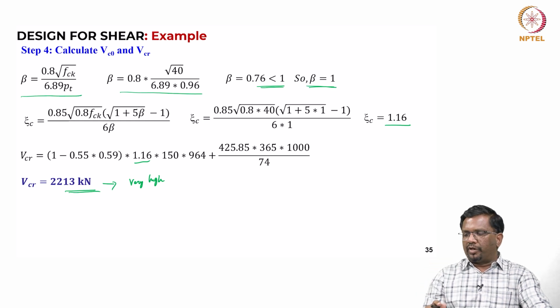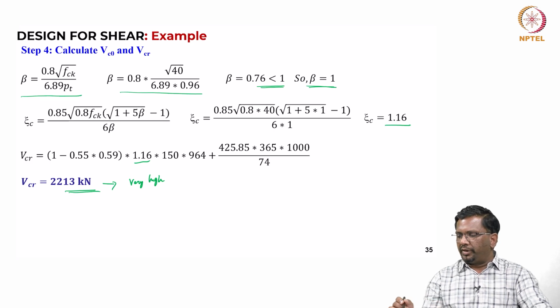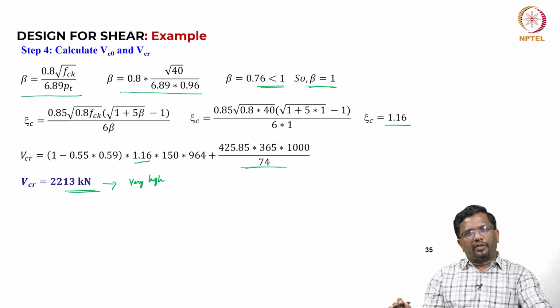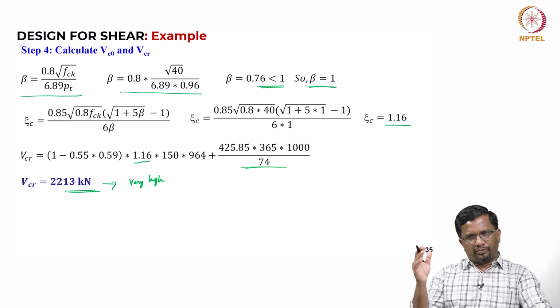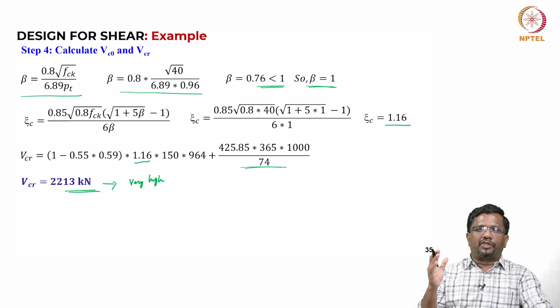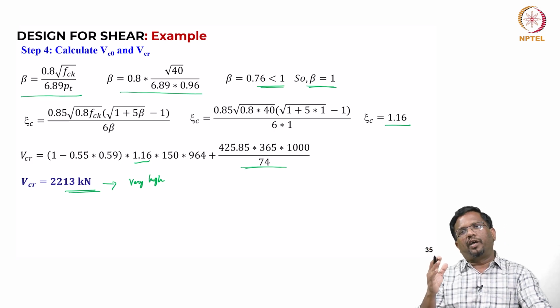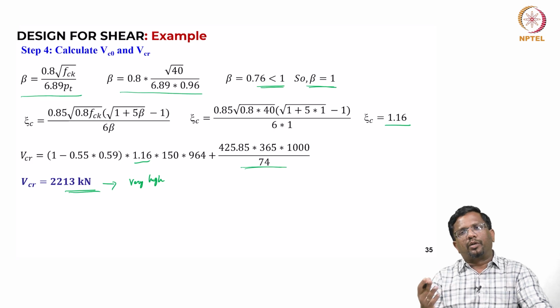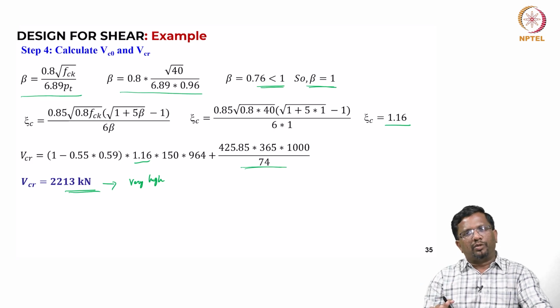So this component will become extremely high. So this additional component is going to be extremely high. So you will get very high. So in other words, for a section that is not having a lot of flexural demand, it will not be controlled by VCR, it will always be controlled by web shear capacity.